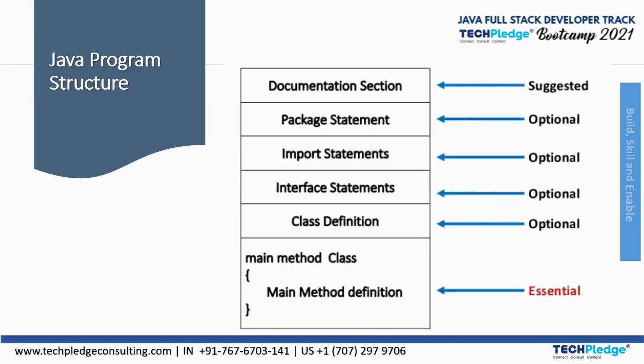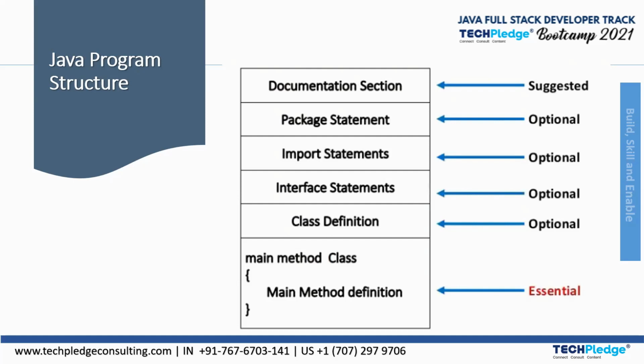The next is the import statement. If some of you have some idea about the C programming language, you might remember that we have used include stdio at the beginning of the program.